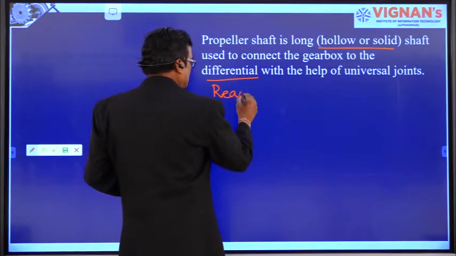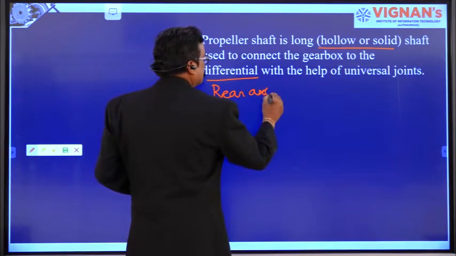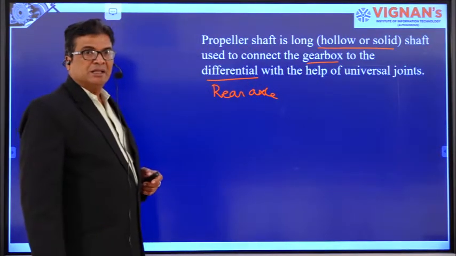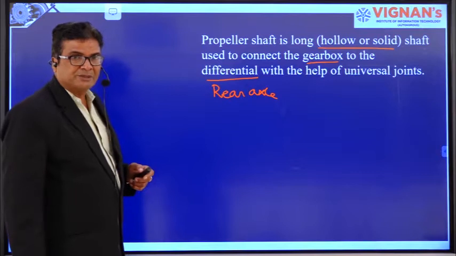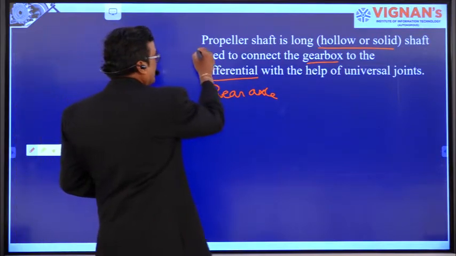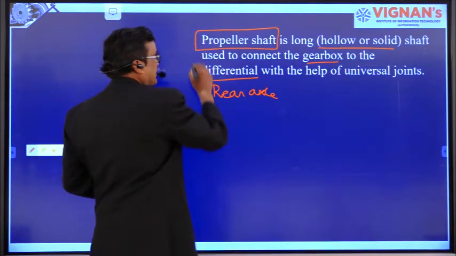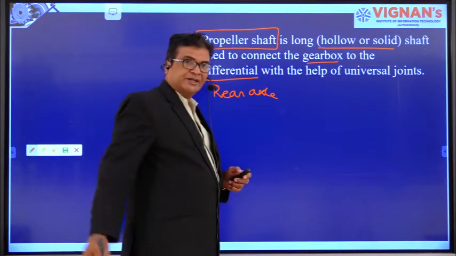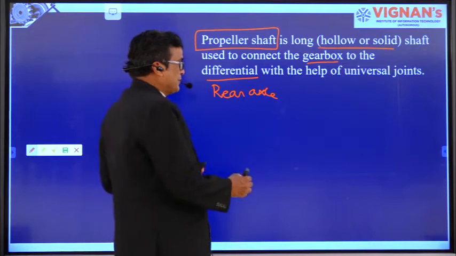So the connection or the transmission from the gearbox to the rear axle is done through the propeller shaft. The propeller shaft is fixed between the gearbox and differential. That concept you have to remember.